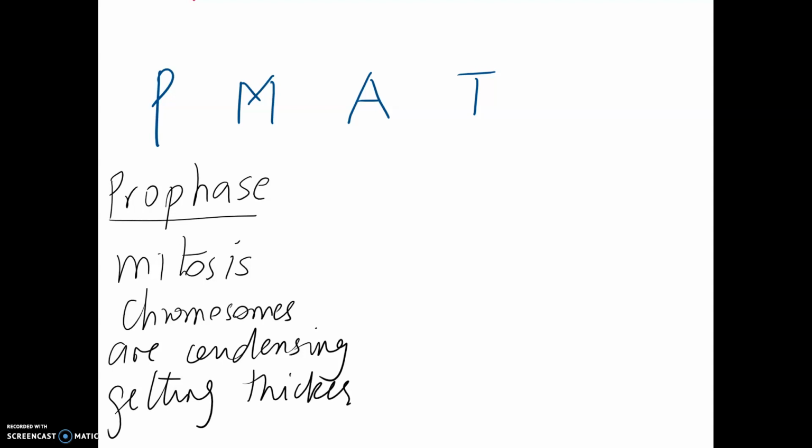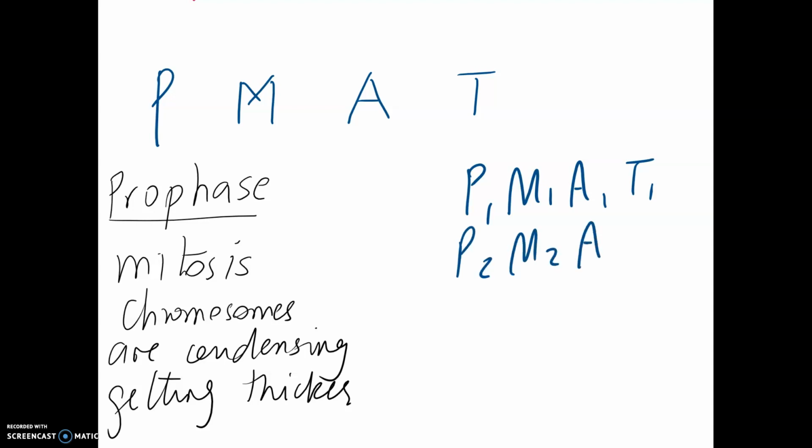And if I do the same for meiosis, because meiosis happens twice, I'm going to write P1, M1, A1, T1, and P2, M2, A2, and T2. This occurs twice, so we're going to write it out twice.